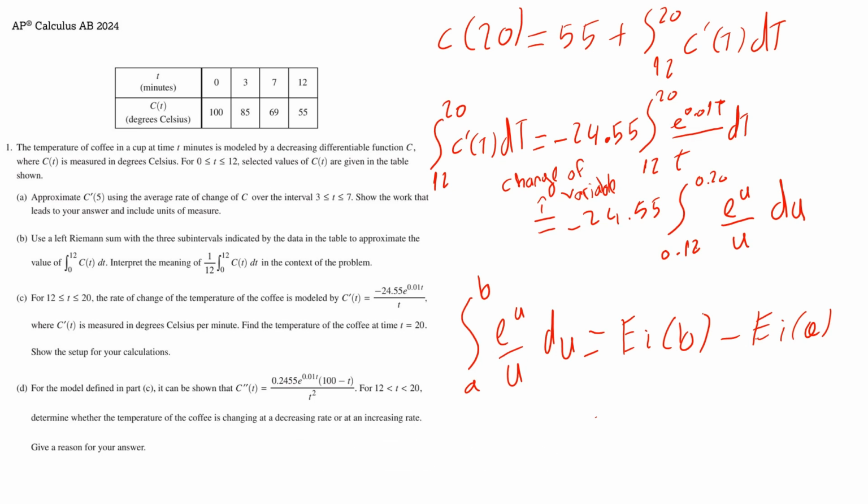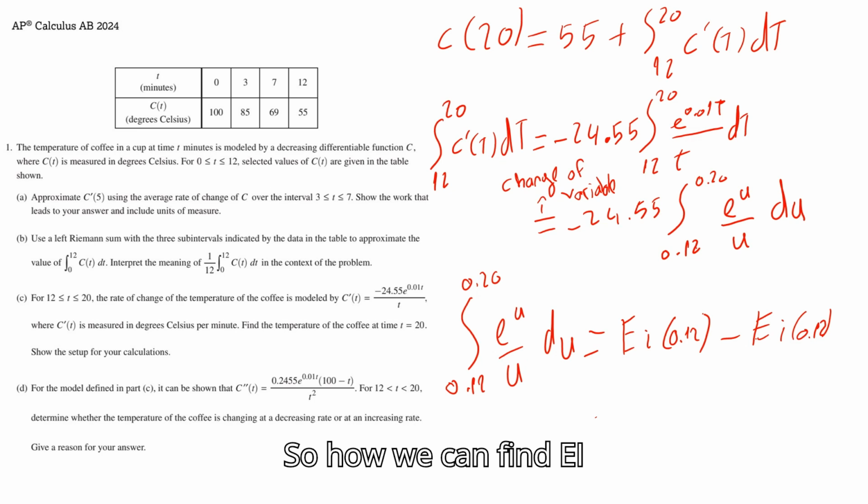So here a equals 0.12 and b equals 0.20. How can we find Ei(0.12)?